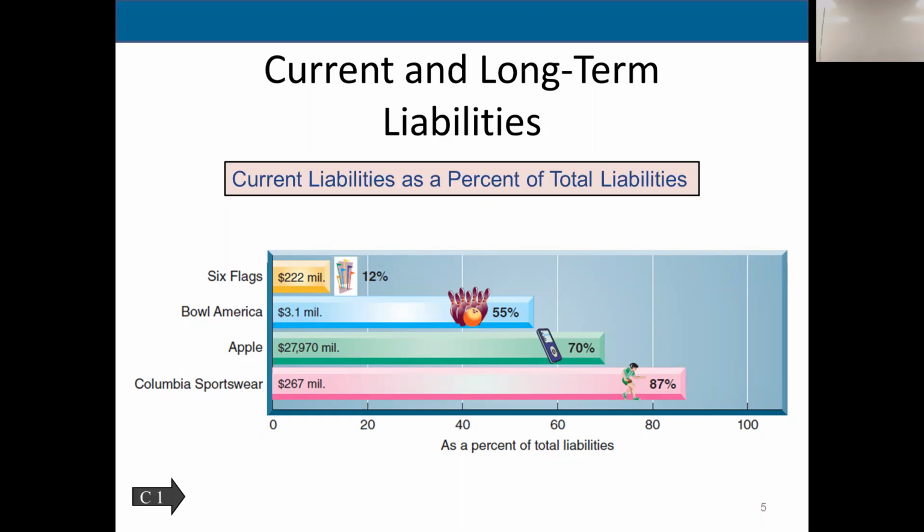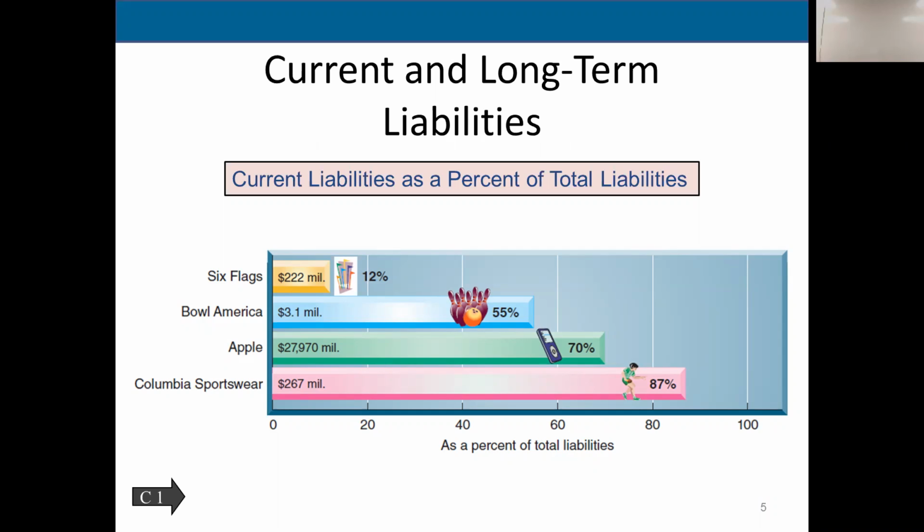Cash. Assets, preferably liquid assets, or assets that we can quickly convert to cash. We know that 87% of $260 million are going to be due in 1 year or less. So you would want to ensure that Columbia Sportswear has sufficient cash or sufficient short-term assets that they could use in order to satisfy those obligations.